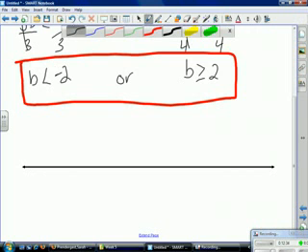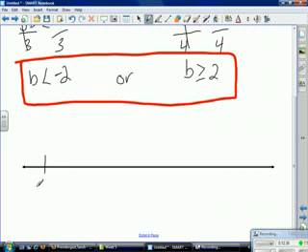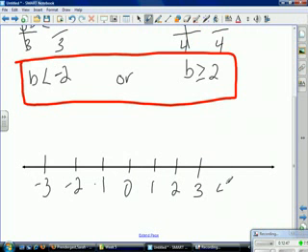Okay, first off, we need to label our number line. So I'm going to start at -3. You could have started at something different, though. Just remember you need to go up by a constant scale each time.